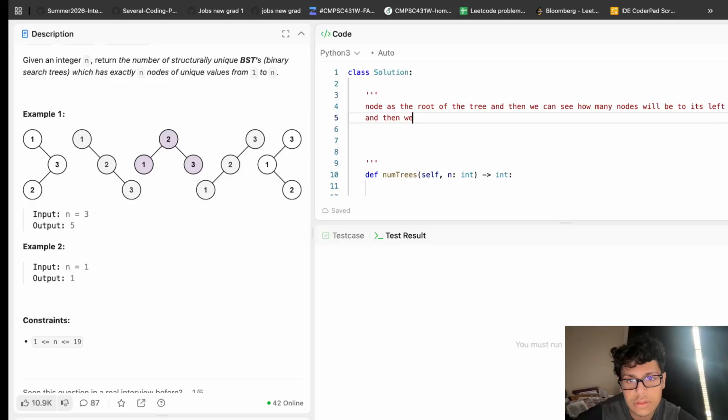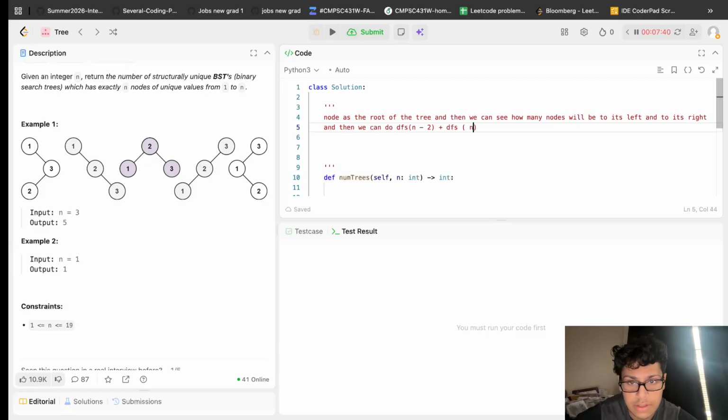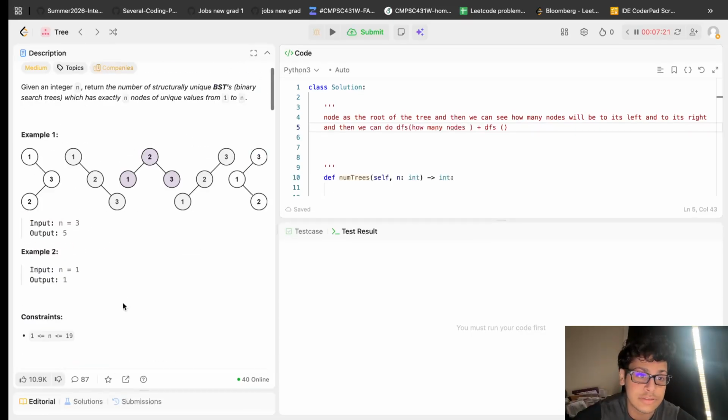And then we can do DFS of n minus two plus DFS of n plus 1, or no, sorry, DFS of... oh yes, we got the algorithm, boys. I told y'all I would do this without looking at the solution.